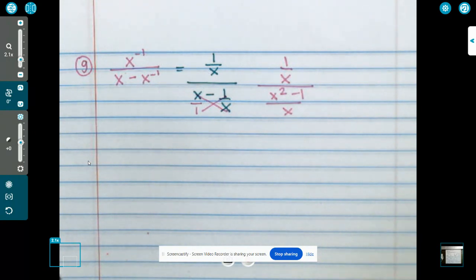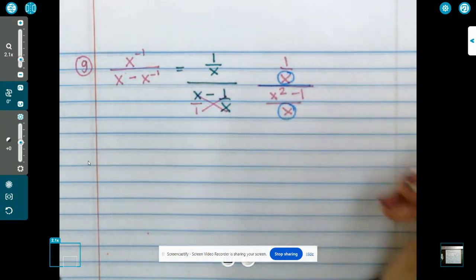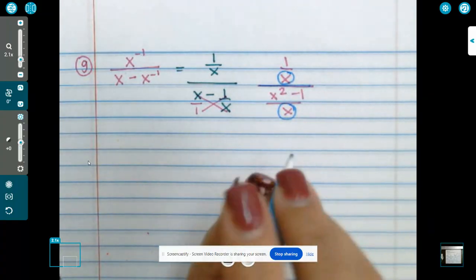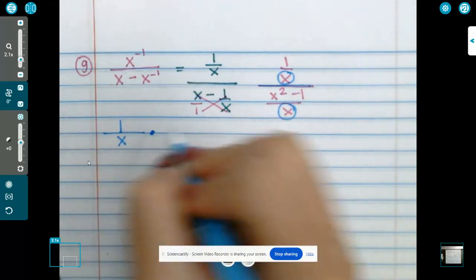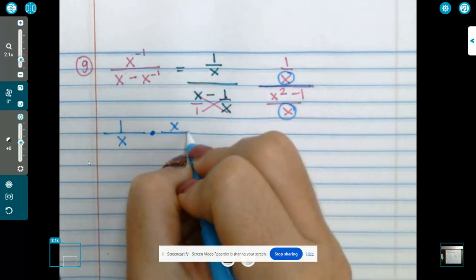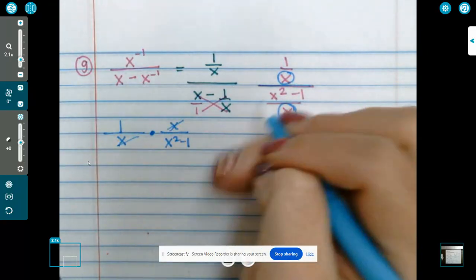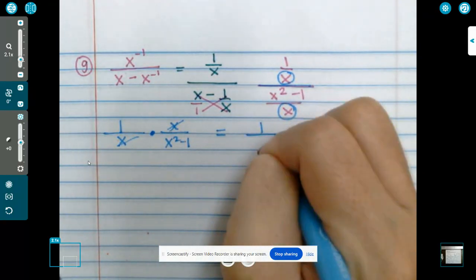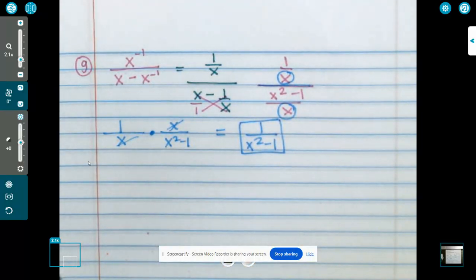Y'all, when you have a denominator on the top fraction and a denominator on the bottom fraction, they cancel. Here's why, just so you understand. 1 over x times, you would flip this, and it would be x over x squared minus 1. That's why they can just cancel, okay? So we are left with 1 over x squared minus 1. That wasn't even that difficult, okay?